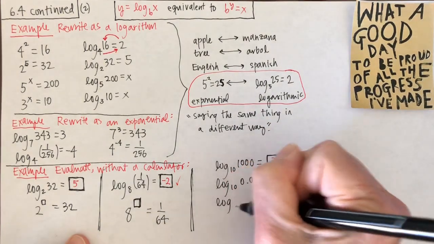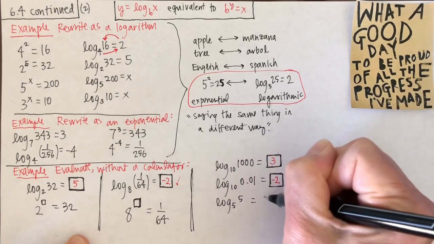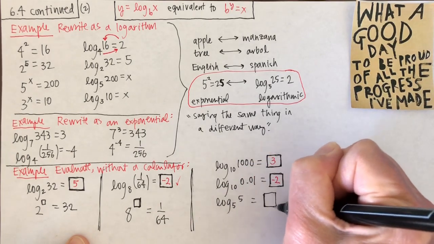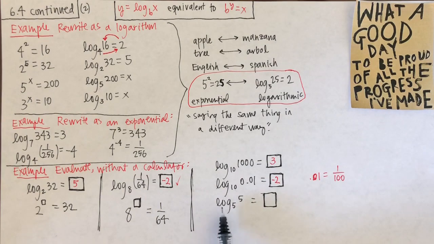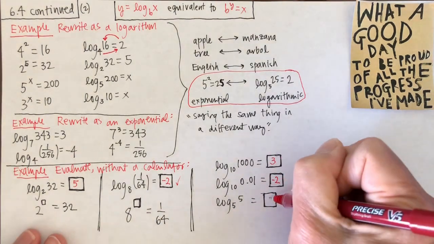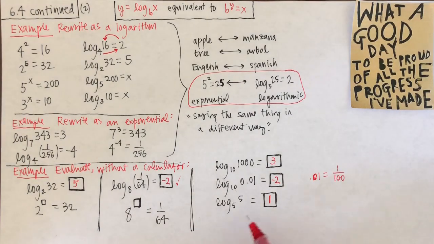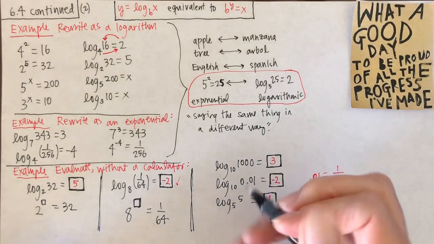How about log to the base 5 of 5? How would I evaluate this logarithm? 5 to what power equals 5? It's 1. And that'll be true of any logarithm. Whenever your base is equal to the number that you're taking the logarithm of, it always equals 1.